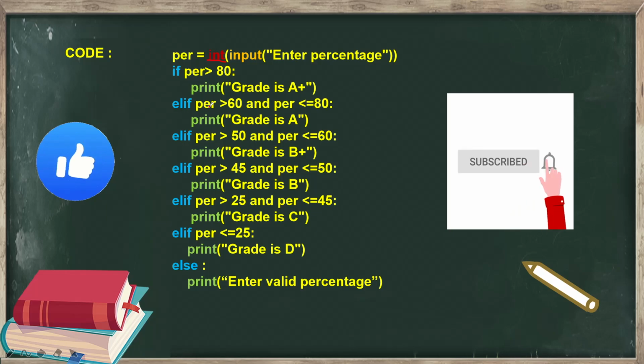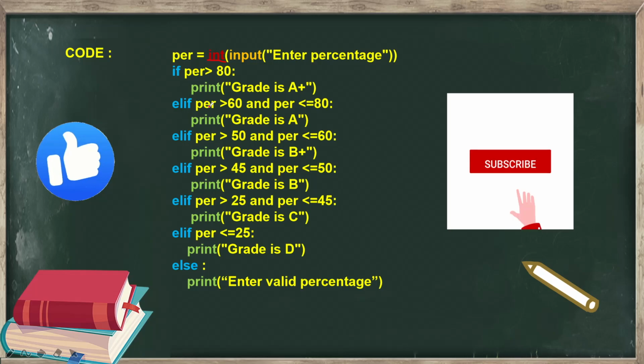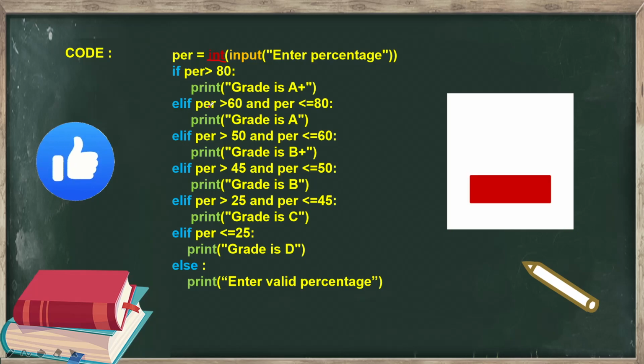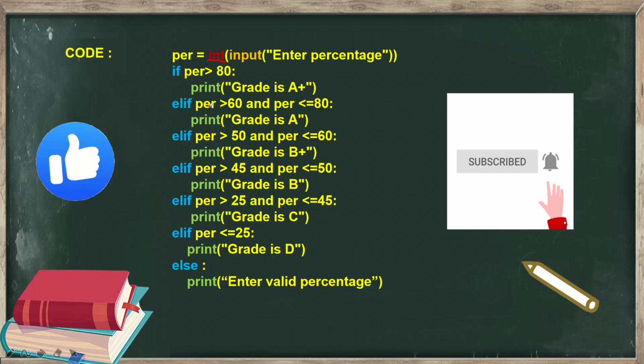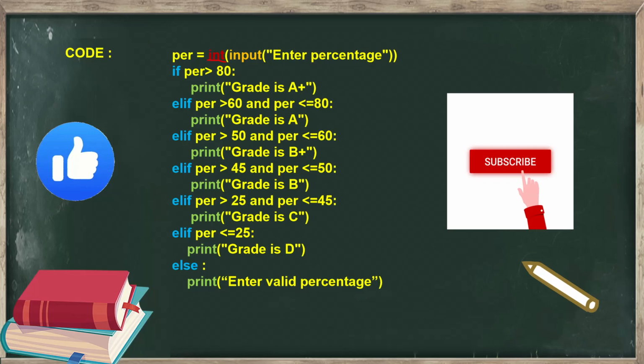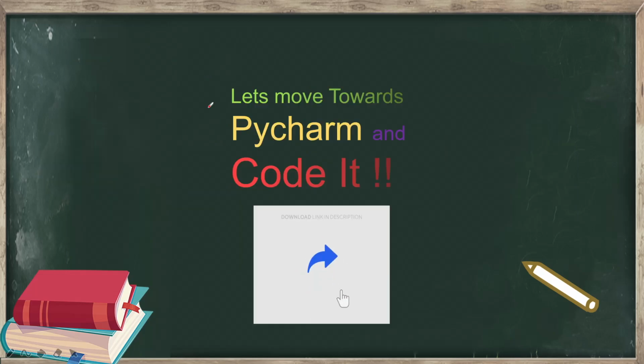If greater than 45, less than 50, B. If greater than 25, less than 45, C. If percentage is less than 25, the grade is D. But if the user enters a different percentage like 101% or minus 1%, then the message printed would be enter valid percentage. Okay, now we'll go to PyCharm and try to code it.